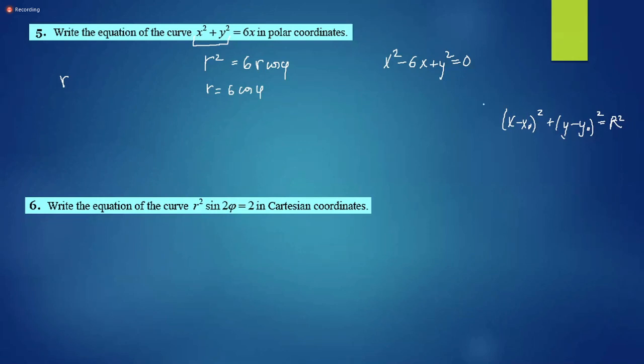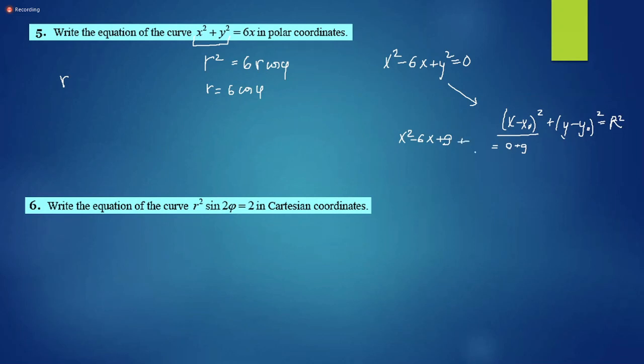So if I change this into that form, I can think x squared minus 6x. To create the perfect square, I need to add 9. And so if I have 0 on the right hand side, I would still add 9 to the right hand side too, because I cannot change the balance. Both sides must still be equal. So if I add 9 to one side, I have to add 9 to the other side.